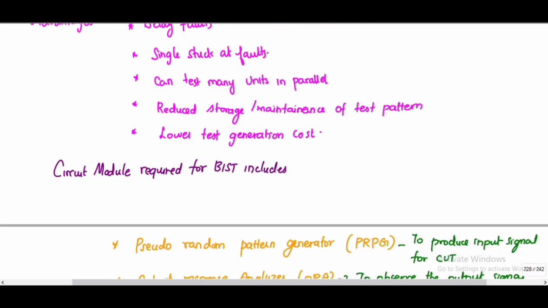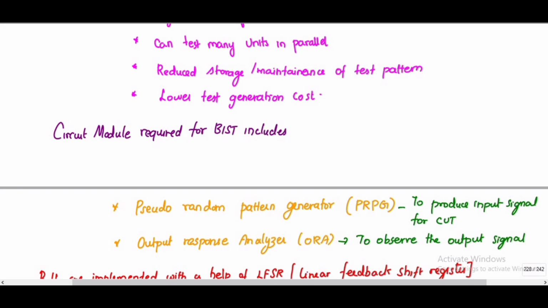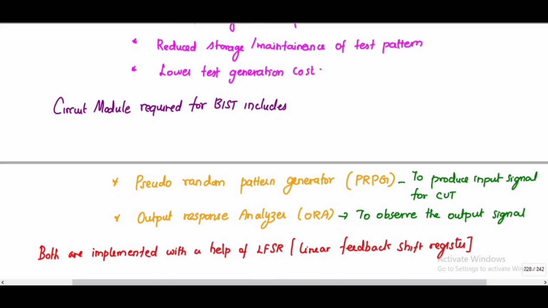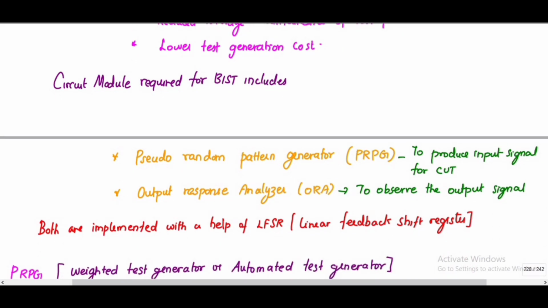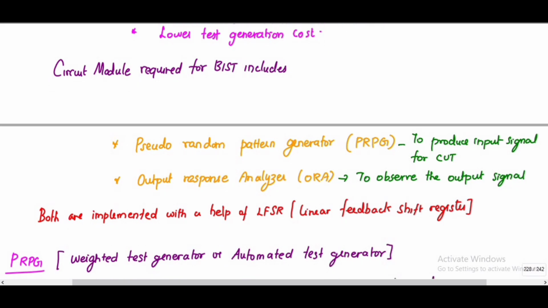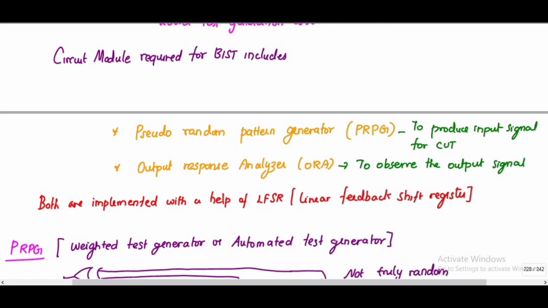Let us discuss the circuit modules required for BIST. It consists of a pseudo random pattern generator, PRPG, which is used to produce the input signal for the circuit under test, whereas the output response analyzer, ORA, is used to observe the output signal.